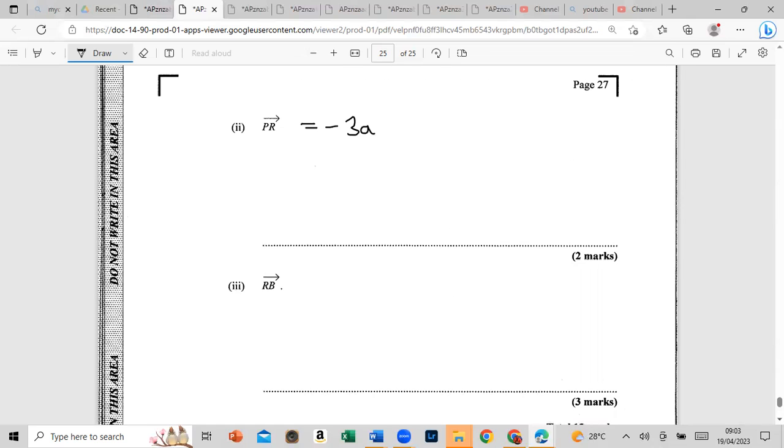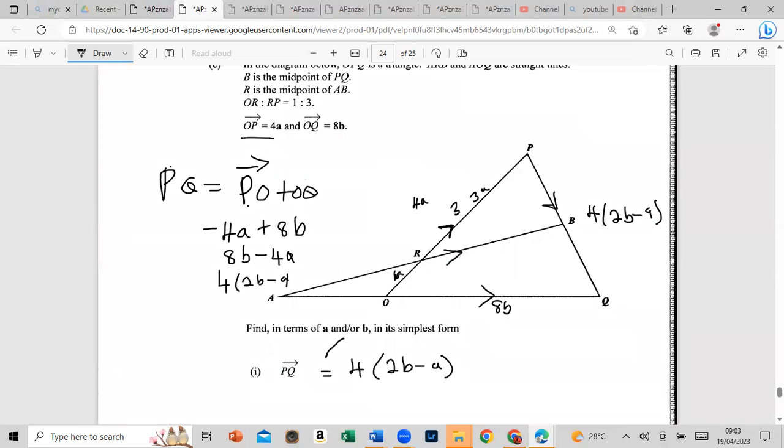From R to B. Let's go back up. R to B. Which route are we gonna take? R to B is right here. I'm gonna take this route.